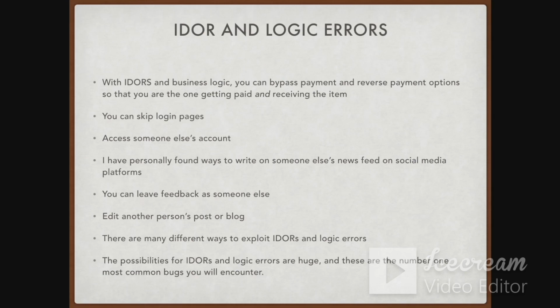With IDORs or business logic errors, you can bypass payment options, you can reverse payment options so that you're the one getting paid, you can put things into other people's carts. There are a lot of different ways you can use IDORs, and when you're out hunting on your own, you're going to have to be creative because there are many different ways that you can exploit them. You can skip login pages, you can access someone else's account.